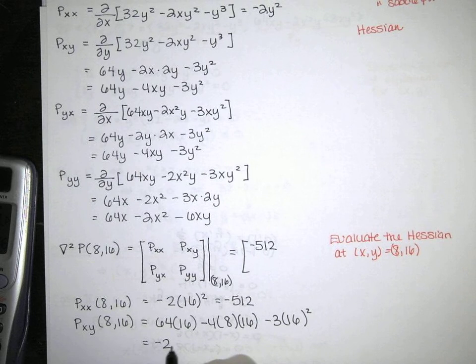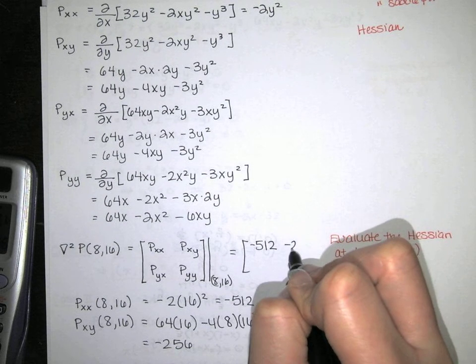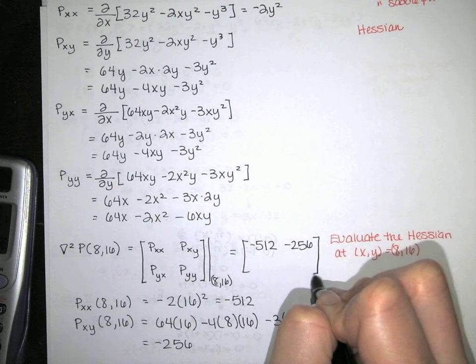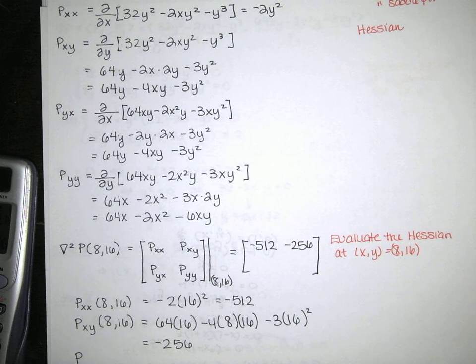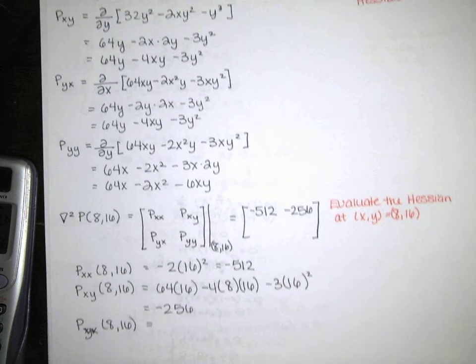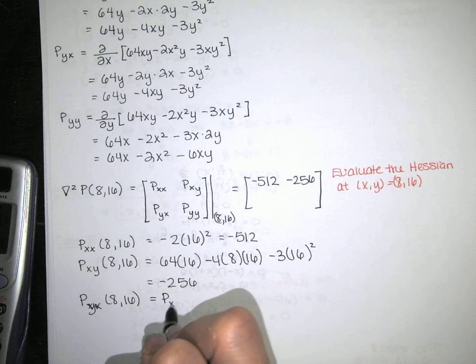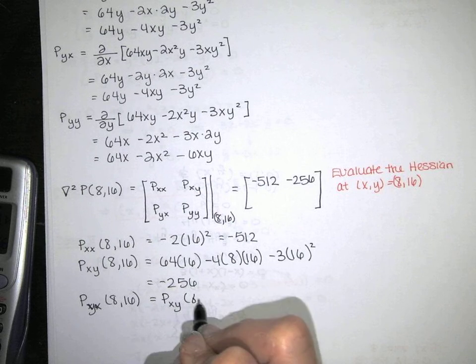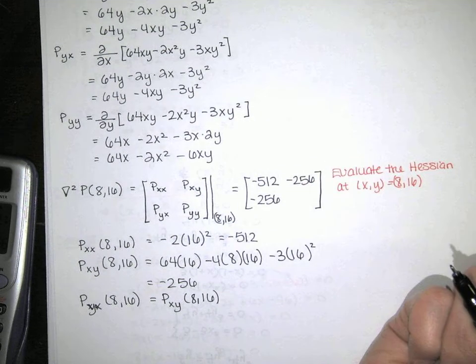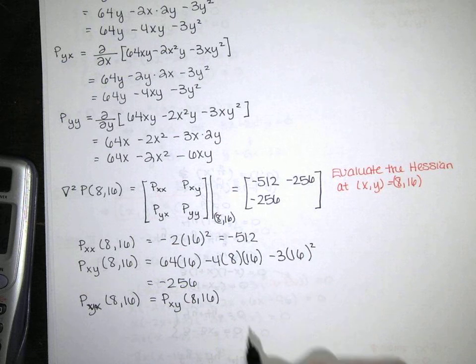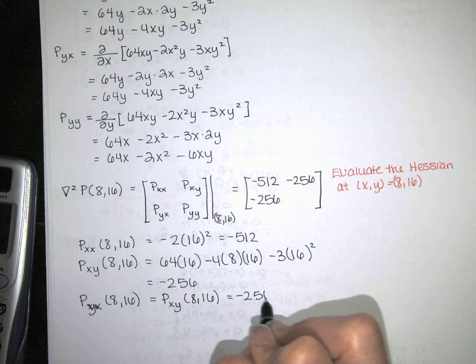So I get negative 256. Okay, and the mixed partials were equal. So the partial with respect to y and then x at that point is the same as the partial with respect to x and then y at that point. So we still have negative 256 there.